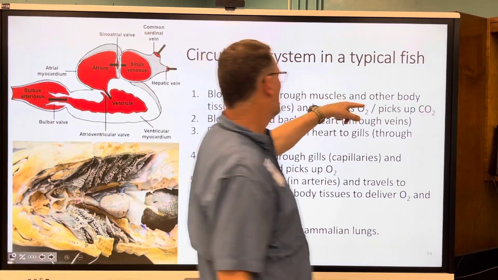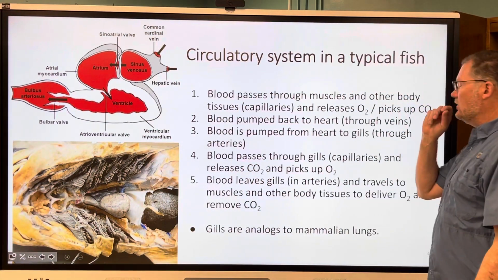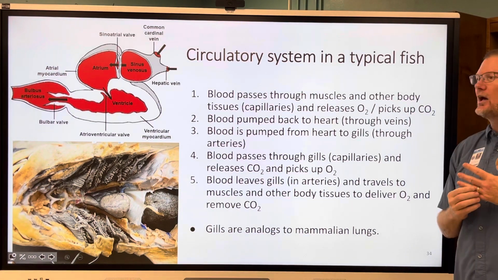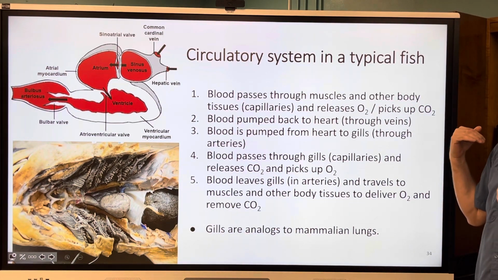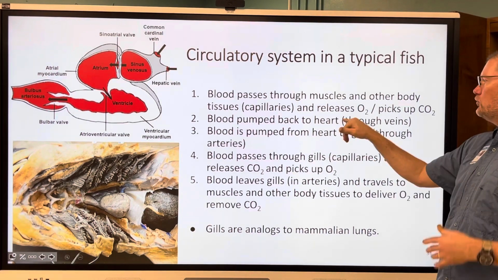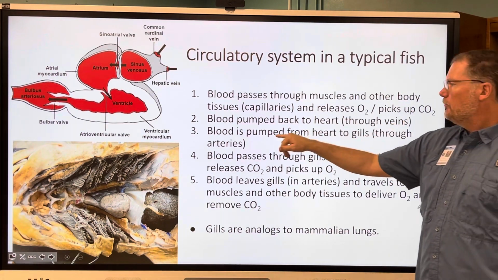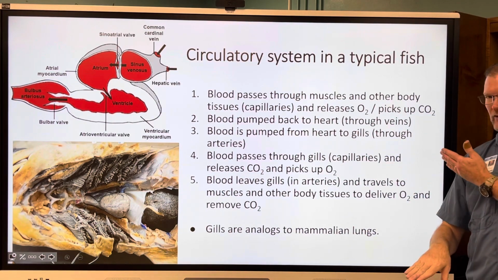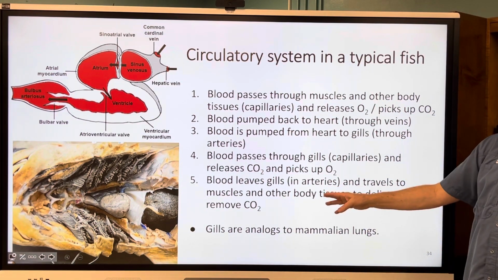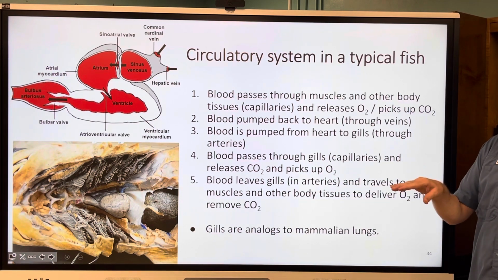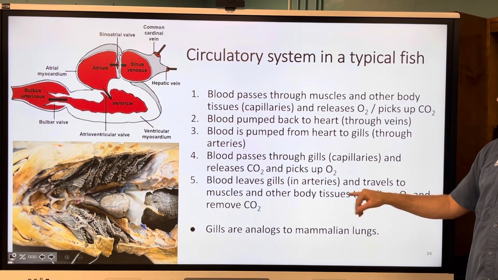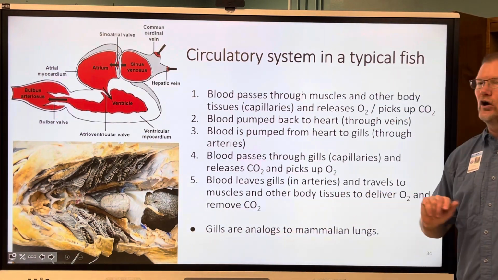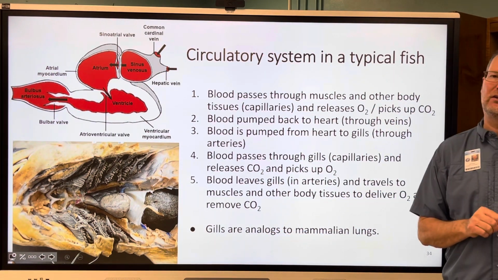So blood passes through the muscles and other body tissues and releases oxygen into those tissues and picks up the waste product carbon dioxide. That venous blood is pumped back to the heart, then to the gills to pick up more oxygen and drop off the carbon dioxide, and then that blood leaves the gills through arteries and goes back and the cycle starts over again. And like I said before, gills are analogs to mammalian lungs.